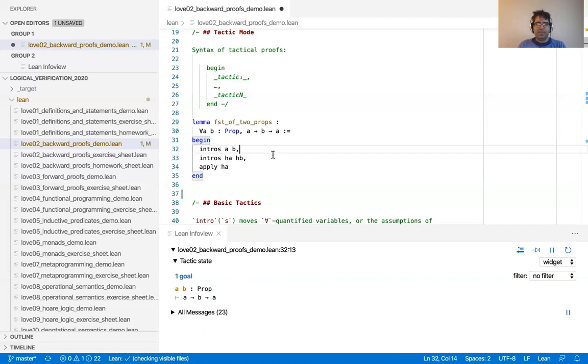Well, we can use the same tactic, intros, here, to make some progress, to also move A and B among our assumptions. Mathematicians would say here, assume A, assume B, right? So intros in the first case meant fix, or let blah be. And intros in the second case means assume, right?